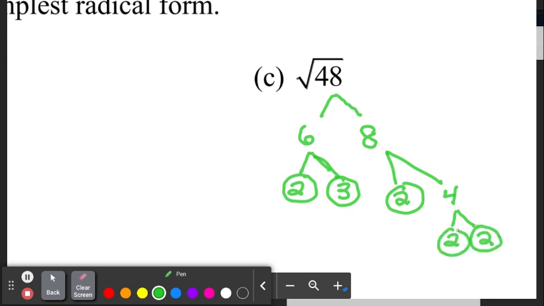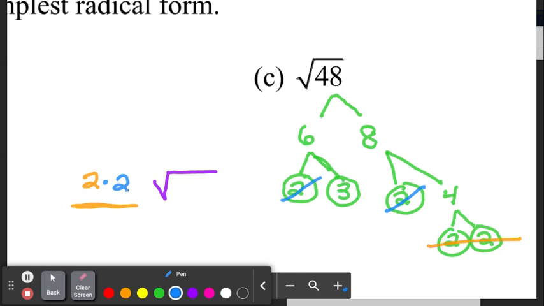Okay, so now off to the side, I'm going to do my square root symbol. So remember, the matches go in this section. So let's see. A set of 2's match. But check this out. I have another set. So one more set comes out.